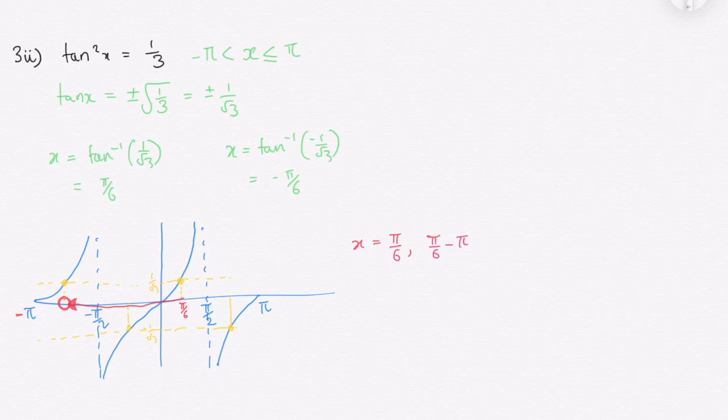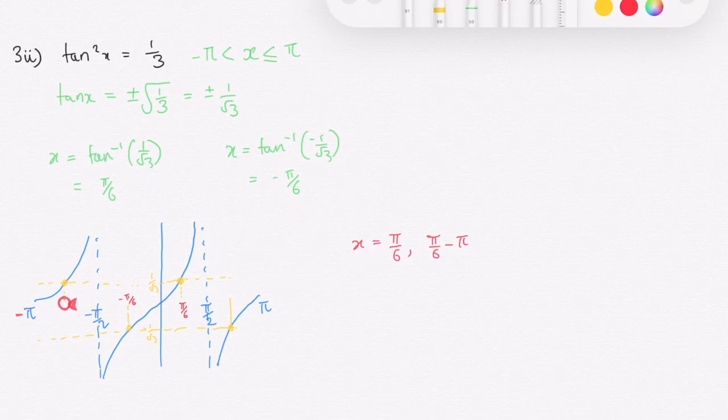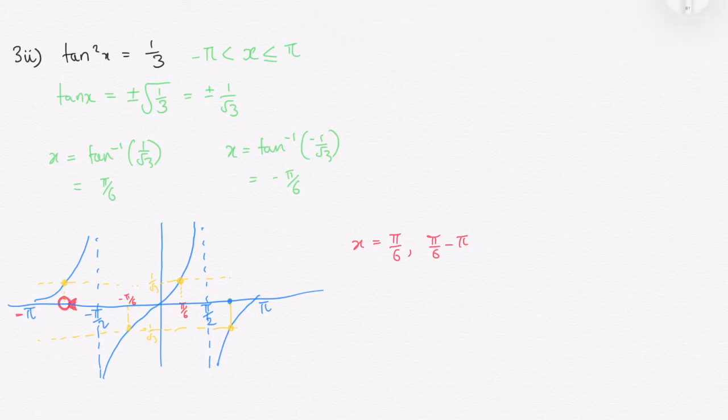What else do we have? Well, we know from beforehand we have minus pi over 6 here. But also we have this root all the way over here. So if we, let me just put that blue line back in. If we want to find the root over here, this is just pi more than minus pi over 6.